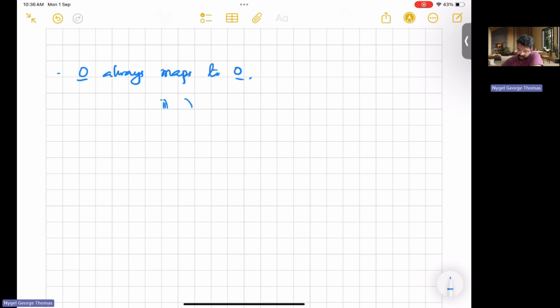I have lambda times a vector u, after the transformation, lambda times f of u. Good question. Zero should map to zero. f of u.